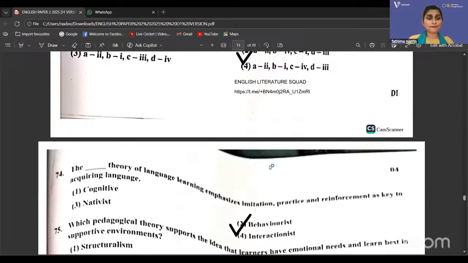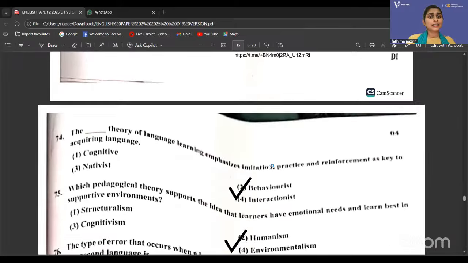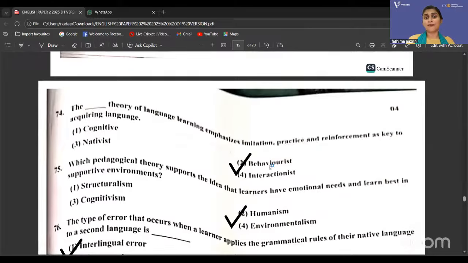Now coming to 74th question. The dash theory of language learning emphasizes imitation, practice, and reinforcement as a key to acquiring language. This is obviously behaviorist theory. Okay, it is about imitation, practice, and reinforcement.